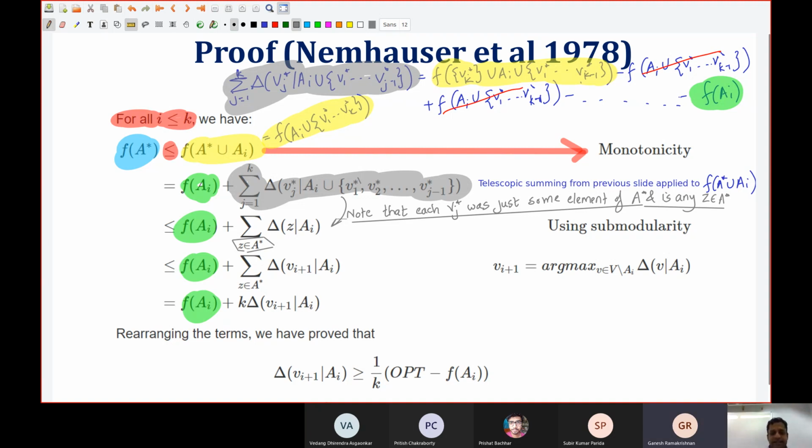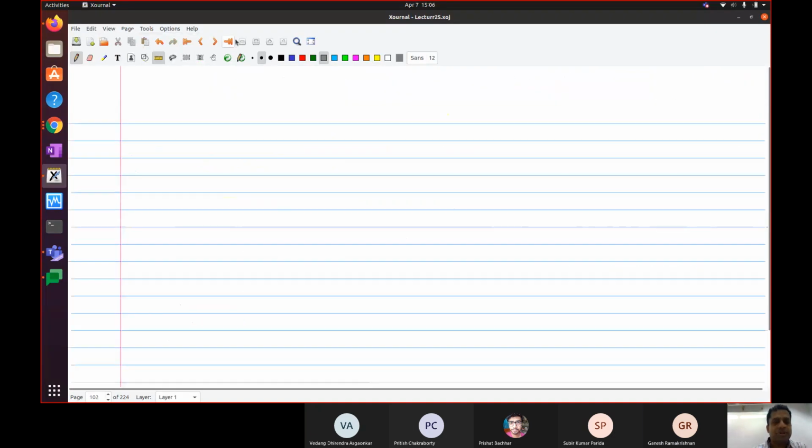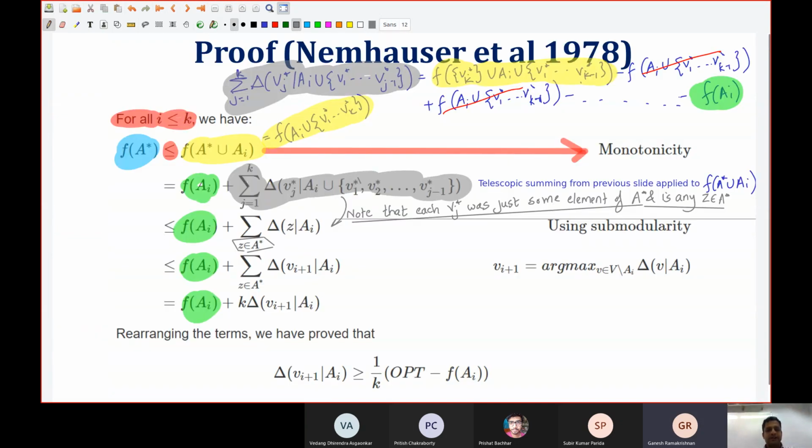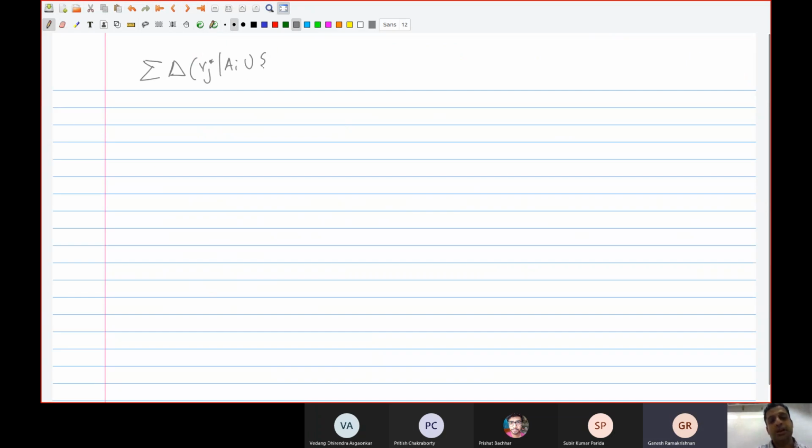And any such z in A, so if you want, you can continue, right? The summation of delta v_j star, delta is the same as gain, right? Of A_i, it's the same. I'm just expanding this, A_i union v_1 star to v_{j-1} star.